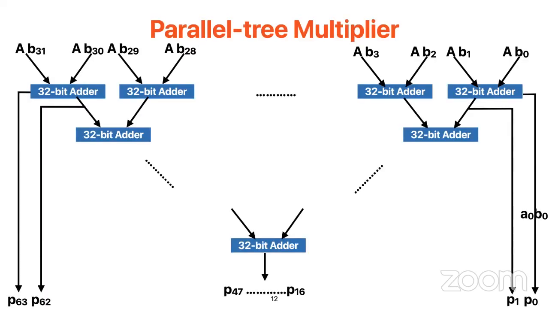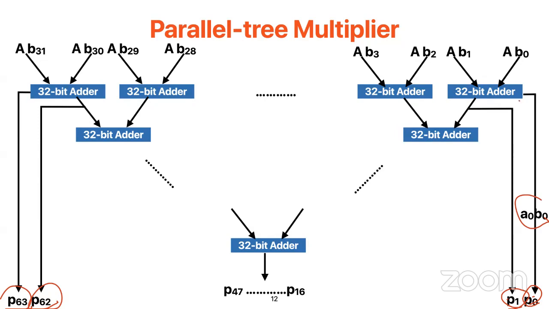The basic idea is similar to carry lookahead in some sense. If we think about what we really care about in how we get each bit in the product, you will figure out that for product 0 to product 1, all you need is just A0, B0, or some of the lower bits result from these adders.